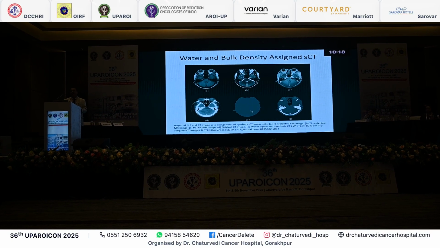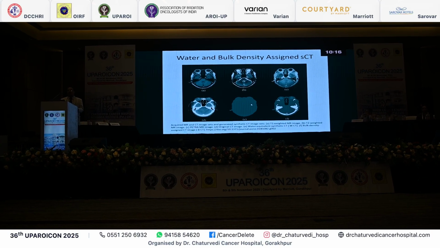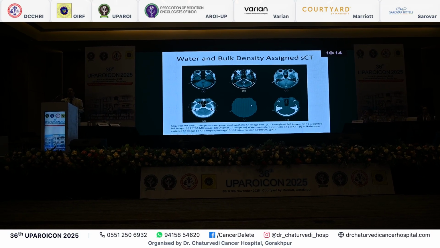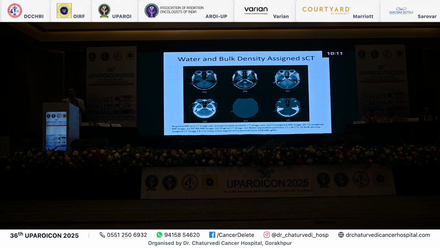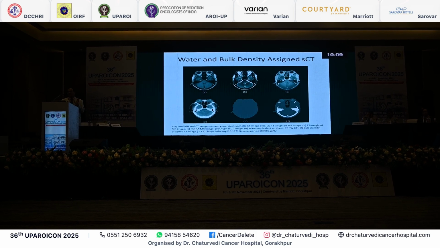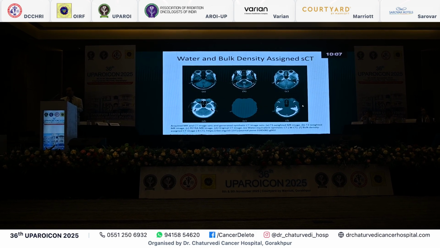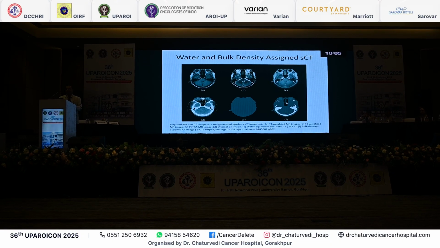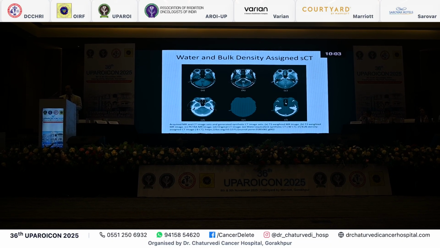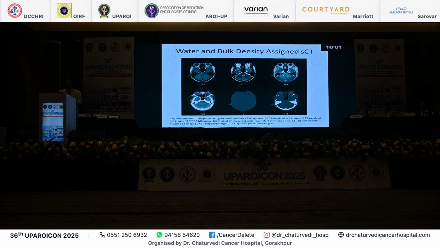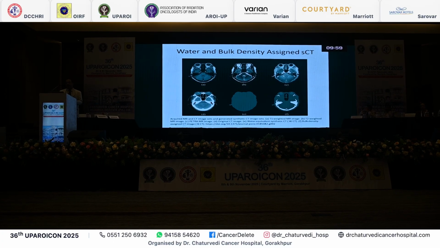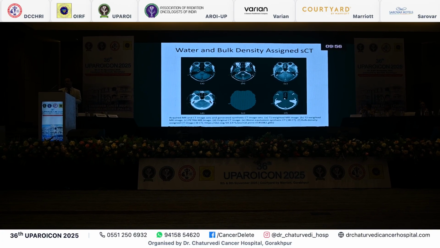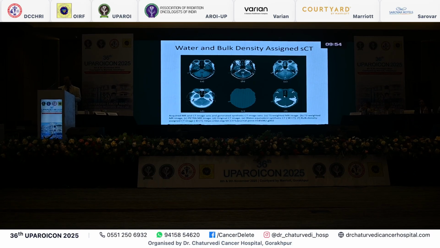It takes the whole as a water-equivalent Hounsfield unit. So the detailing of our MRI has become useless. This is what is done with the bulk density based ones. So it is not as accurate as the existing MRI. We are just trying to have a transition in between.